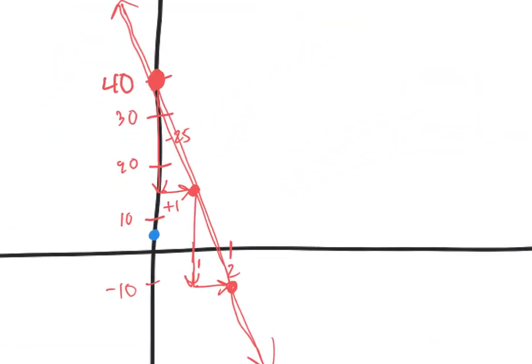So up 20 should be between 20 and 30, so right around here, that's 25. And then where do I move after that? To the right 1. So here's our next point. Let's plot one more. We're going to go up 20, so right around 45, and then move to the right 1 again.